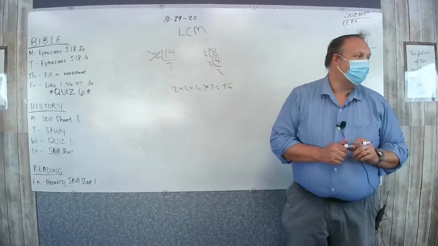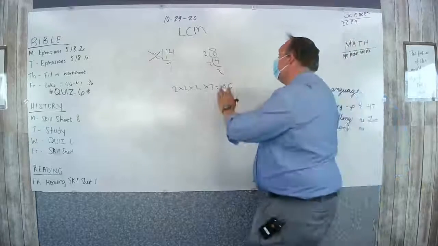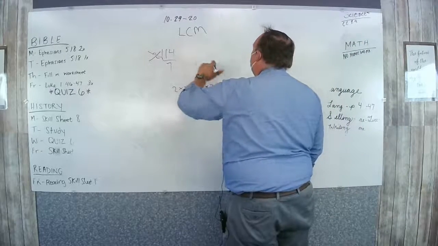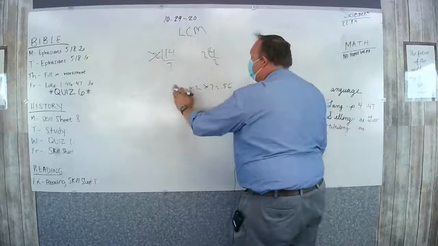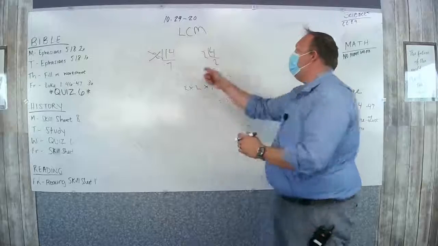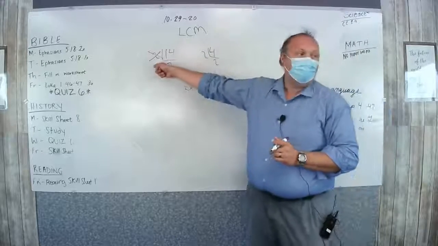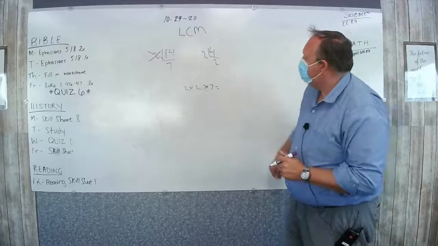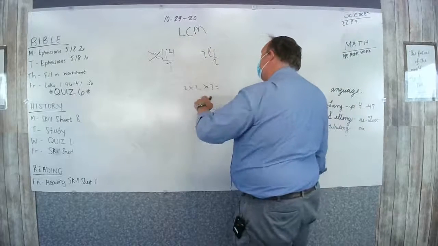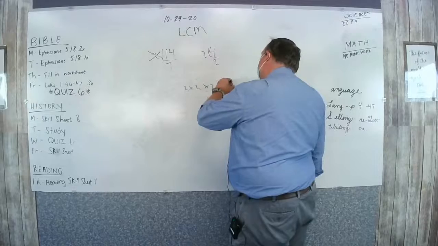Would it still be one or the other, two? If I had 4 and 14, I'd only use 2 of the 2s because 2 is still more than 1. Okay? In which case, my LCM changes to 28.